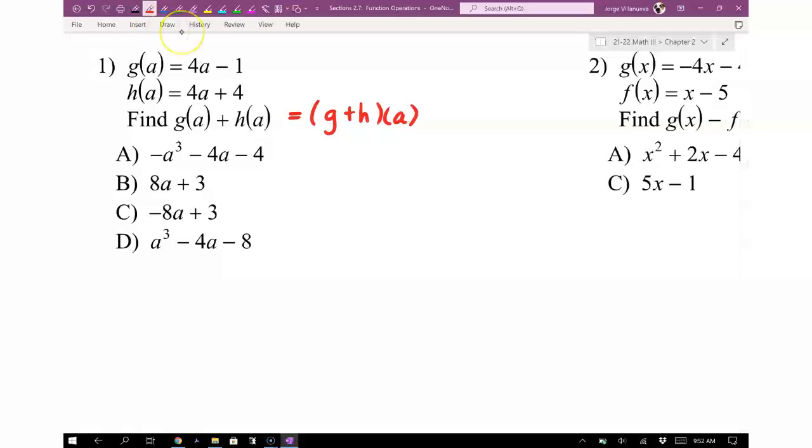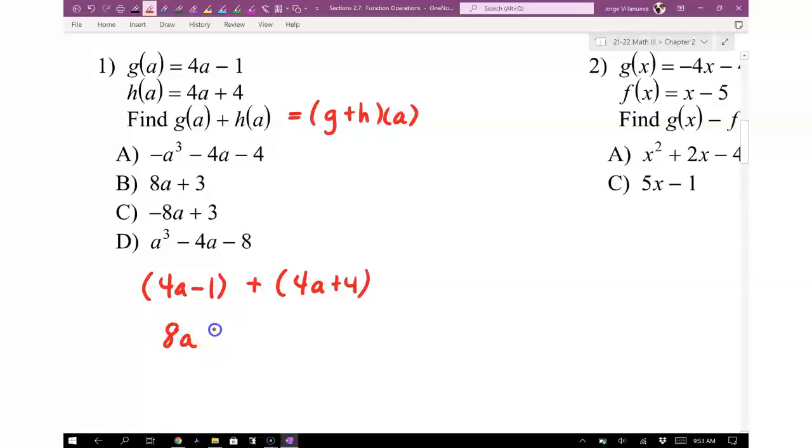G of a, what is g of a here? So g of a is 4a minus 1 plus h of a, that's 4a plus 4. So I have g of a plus h of a. Now I'm going to simplify. 4a plus 4a, that's 8a.